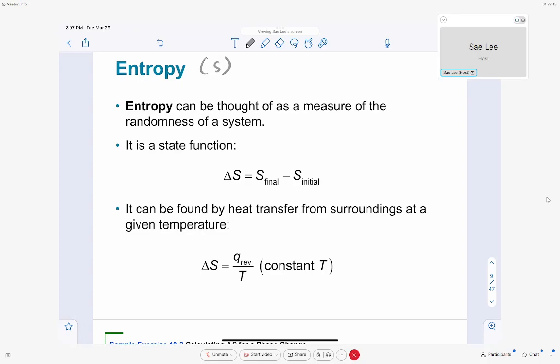Entropy is commonly defined as a degree of randomness or disorder, right? But this is pretty confusing. So the better definition would be a measure of how much the energy of atoms and molecules becomes more spread out in a process.